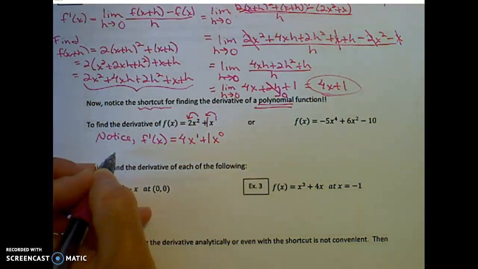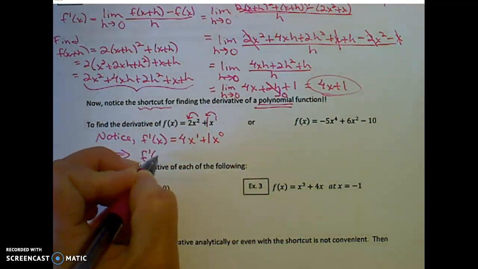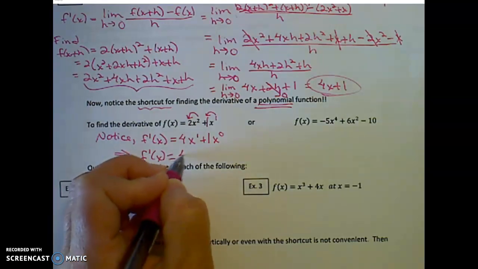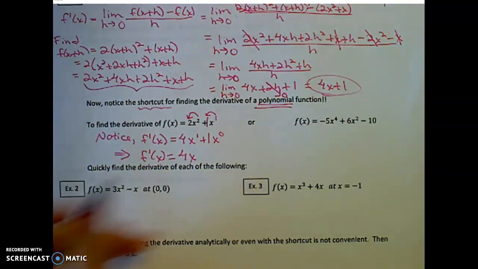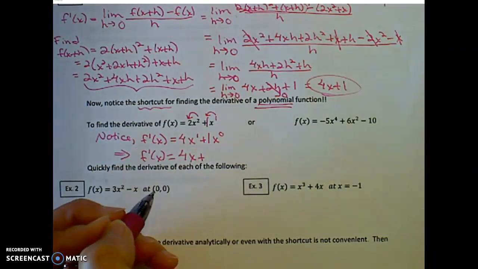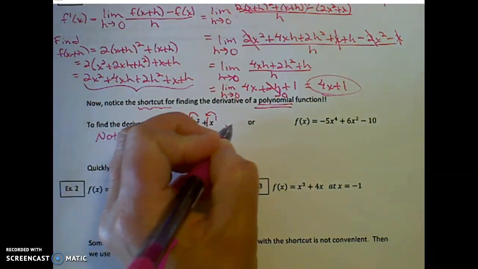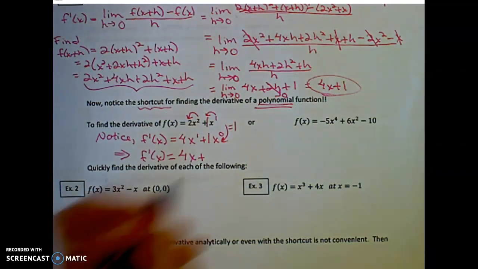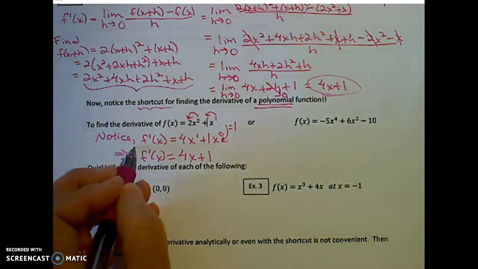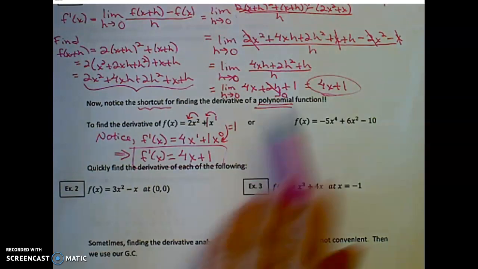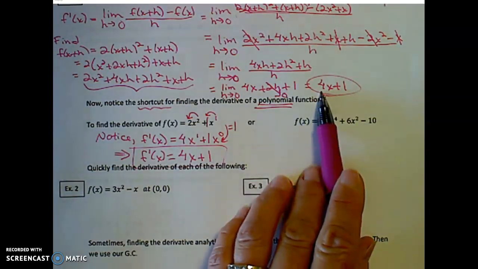That looks terrible. So that implies that f prime of x is equal to, that's just 4x to the first, plus, you would not write that coefficient, x to the 0 power, but x to the 0 power is 1. And 1 times 1 is 1. And there is that function for the derivative.